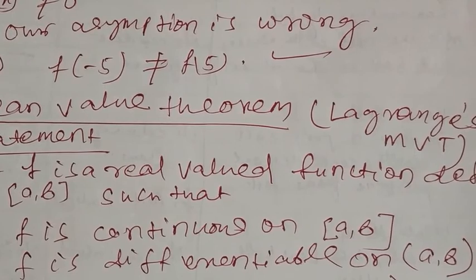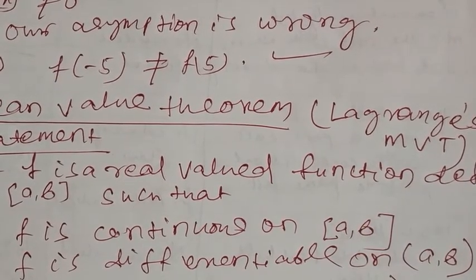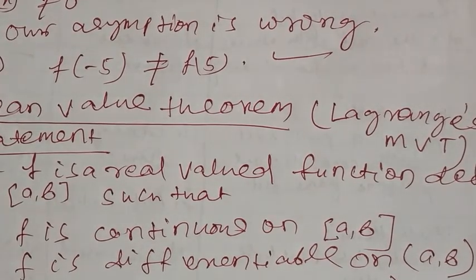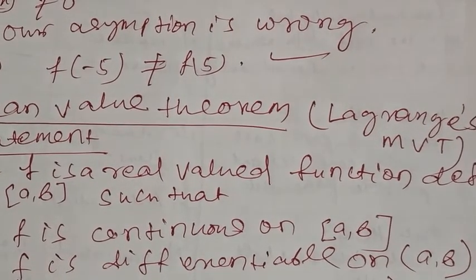Let us analyze this. F is continuous in this closed interval means if I draw the graph of fx, there is no break between A and B. F is differentiable on open interval AB means at every point we find a tangent between A and B. Understood?